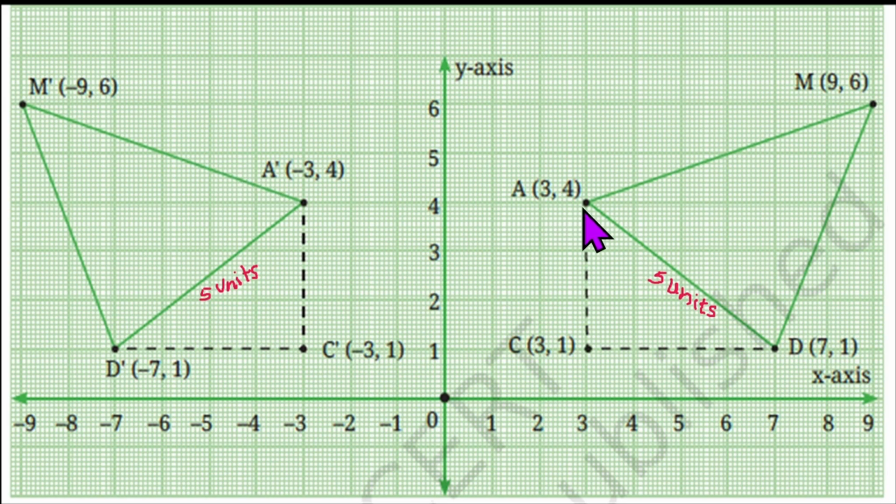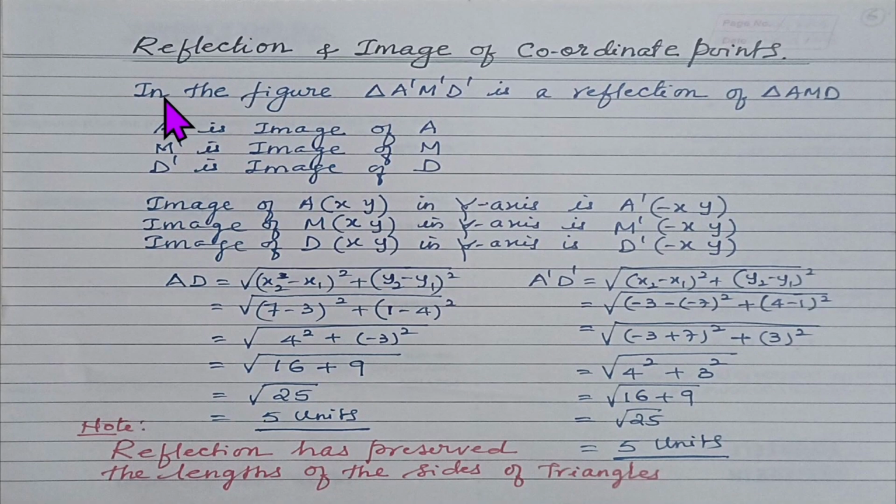A dash is the image of point A, M dash is the image of point M, D dash is the image of point D, and if you look at the coordinates, if it is 9, 6, it is minus 9, 6 here, and if it is 3, 4, minus 3, 4, and if it is 7, 1, minus 7, 1. So this triangle, which is the reflection, is an exact replica of the triangle AMD, and please remember that.